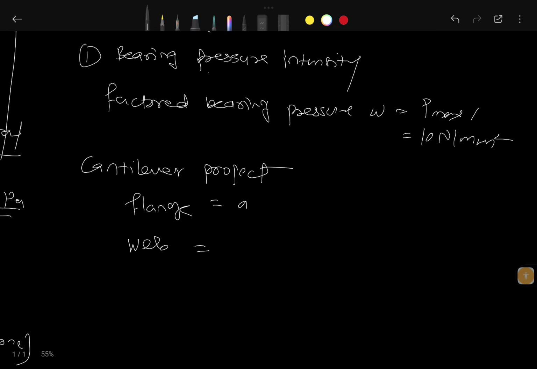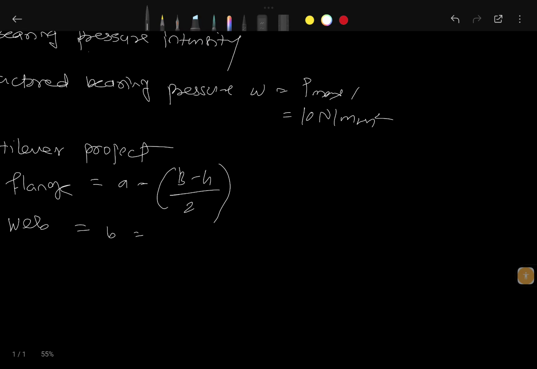So for that A, or for this B, we consider A is equal to B minus H divided by 2. Here B is 400, H is 350, the column depth, divided by 2. 400 minus 350 divided by 2, so here we get 25 mm.